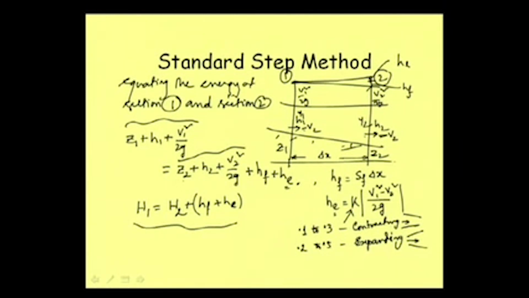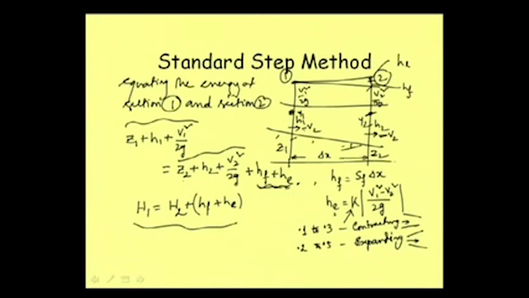Here one important point is, if we are computing from the downstream side to the upstream side, say our first known point is at downstream and the unknown point at upstream, then this SF plus HE, that is the loss, we will have to deduct from here, then only we will get the head here. So that way we can use a plus or minus sign and write it accordingly.